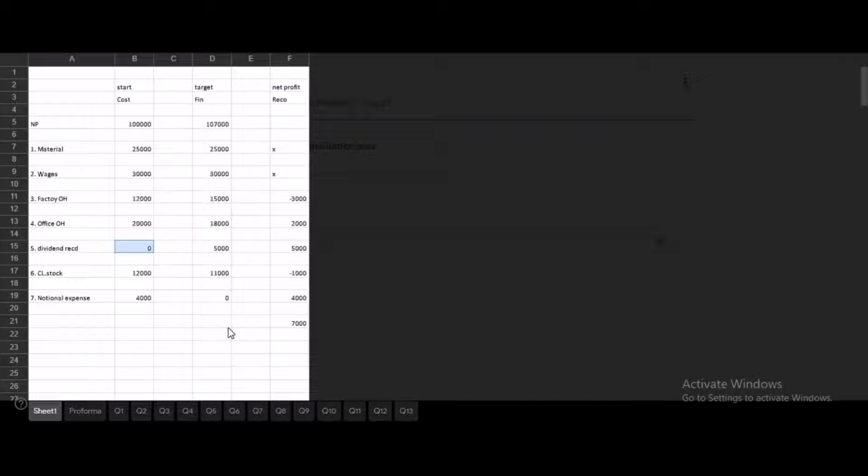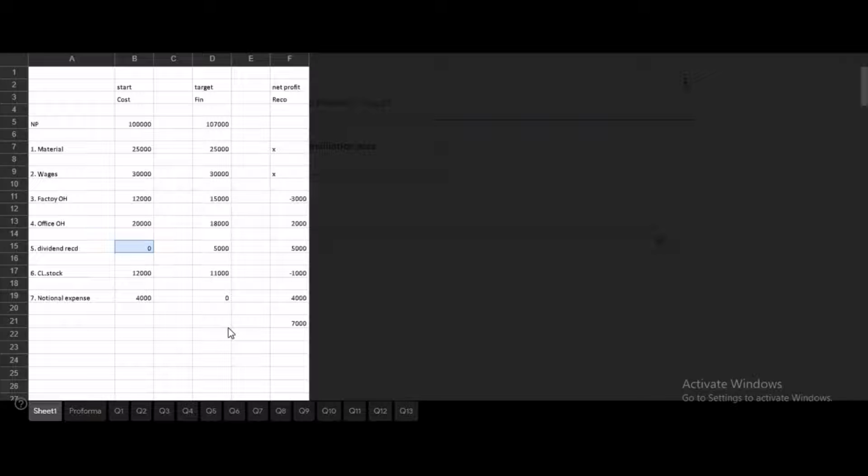This is the sheet introduction that could help you find the difference between cost accounting and financial accounting. Net profit in cost accounting is 1 lakh and in financial accounting is 1 lakh 7,000. Material in both is 25,000, so there is no difference.